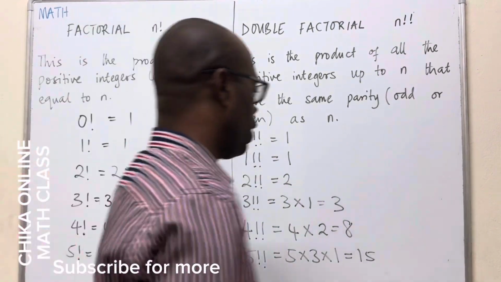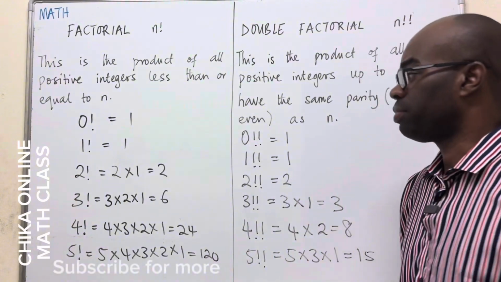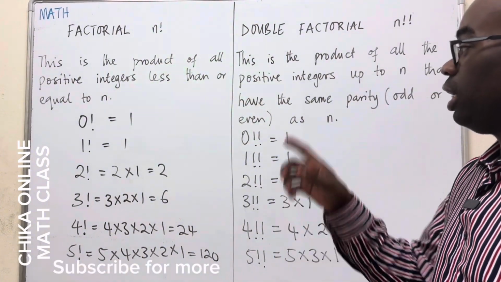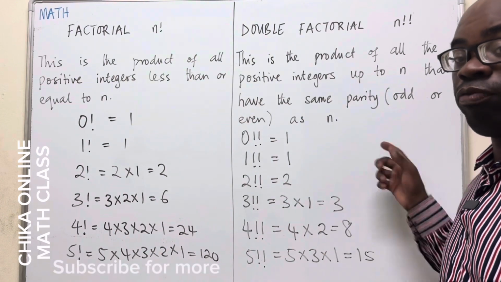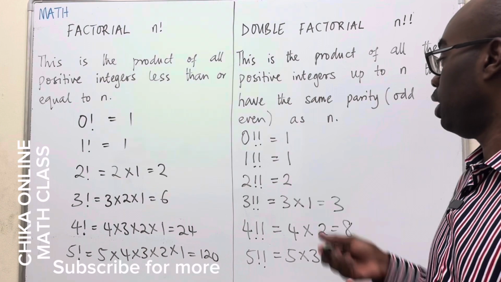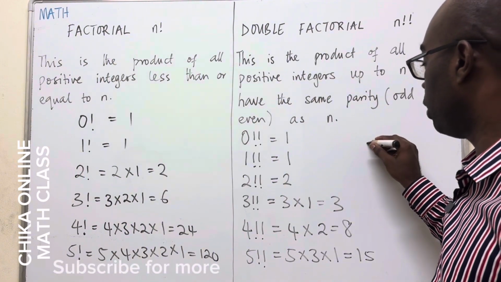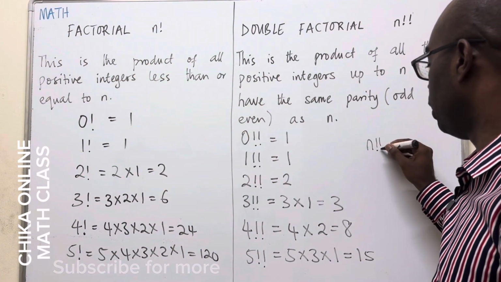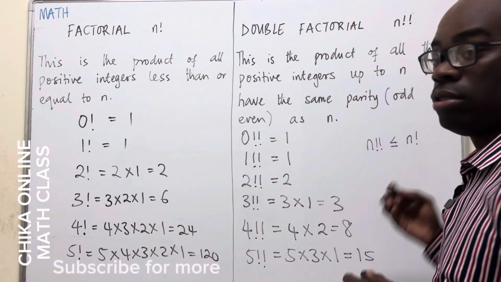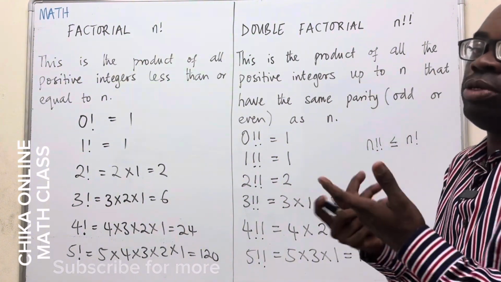Okay? Now, observe something. If you compare the factorial and the double factorial, you find out that the double factorial is less than or equal to the factorial. So the double there is just a name.